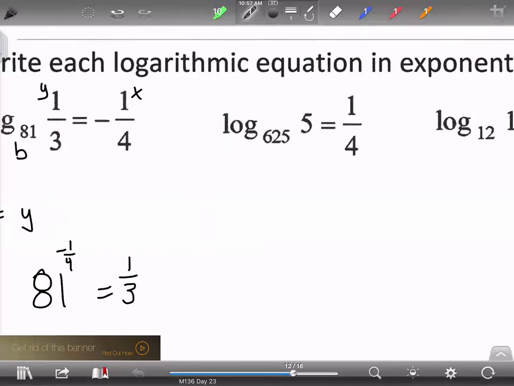Question number 2 in the middle, log base 625 of 5 equals 1/4. Take a moment and label b, x, and y.